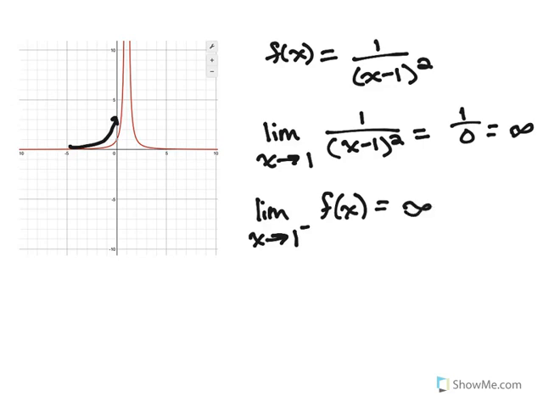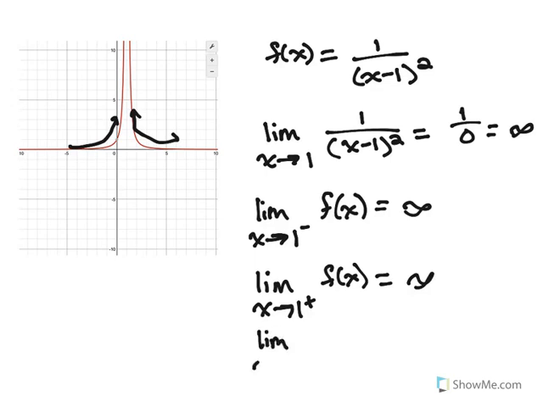And if I look from the right, it's also going to positive infinity. Therefore, they match, and instead of saying does not exist, we can say it's going to positive infinity. That vertical asymptote is going up.